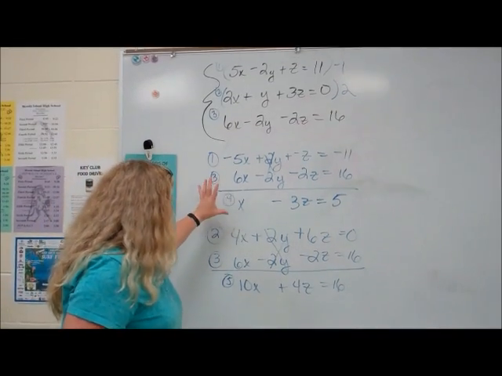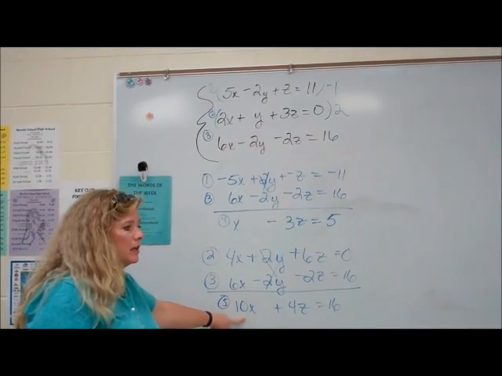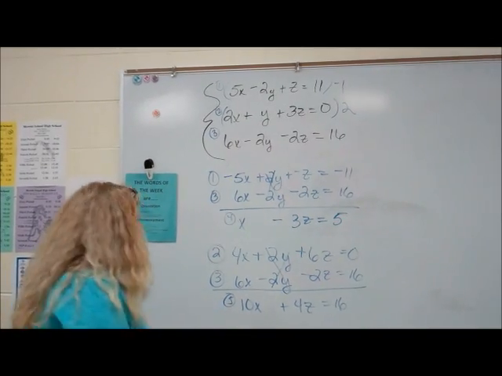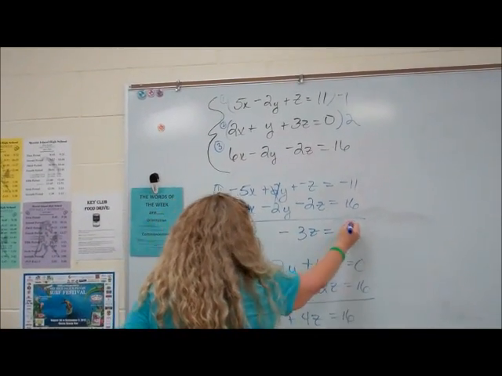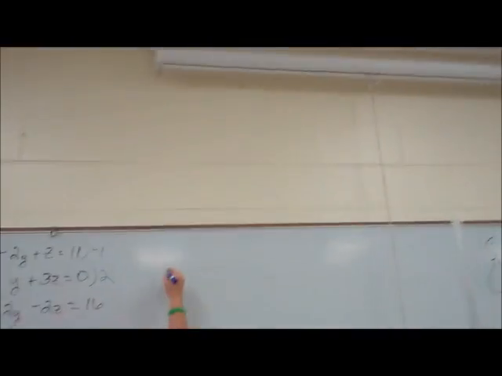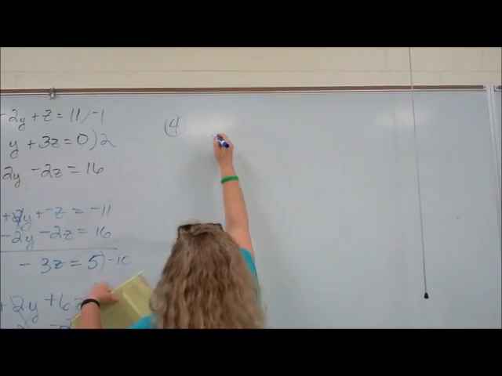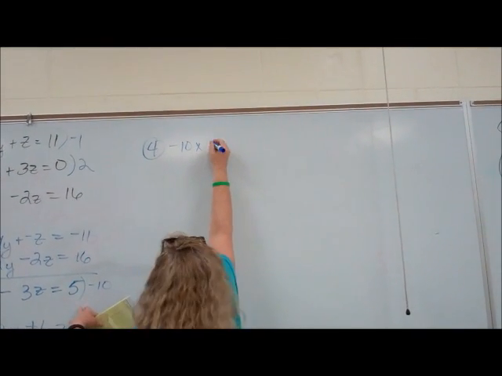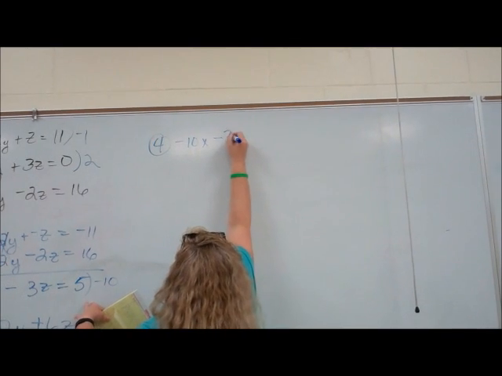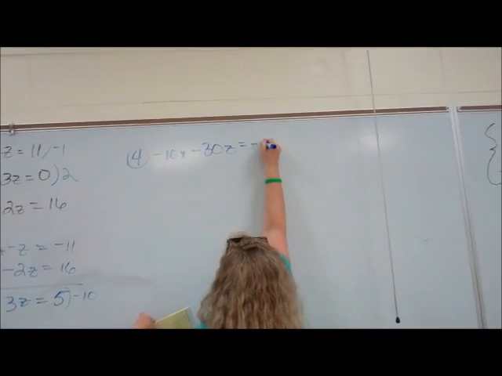If we take this equation number 4 and multiply it by -10, then we can eliminate the x's. So I'm going to multiply that by -10. So equation 4 times -10 is -10x minus 30z equals -50.